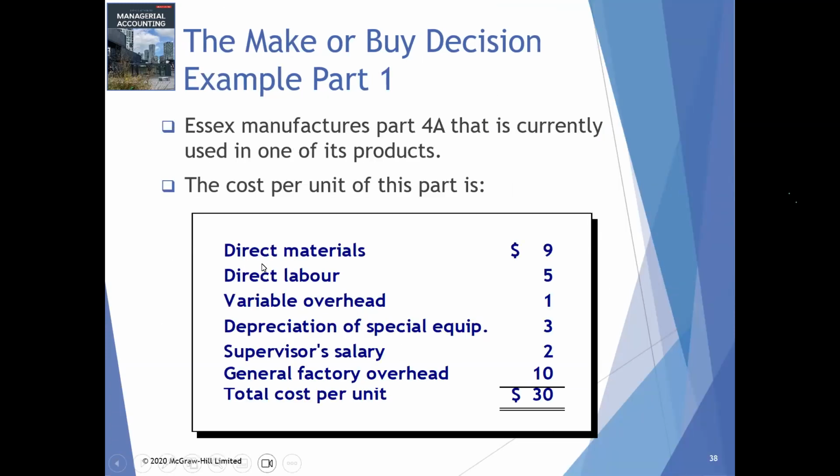First of all, write all this information and the total cost per unit, which is differentiated in this way: direct material, labor, variable overheads, depreciation, supervisor's salary, and general factory overheads. All these costs per unit you need to write on paper, and the total is 30. Take a screenshot or you can write on paper.